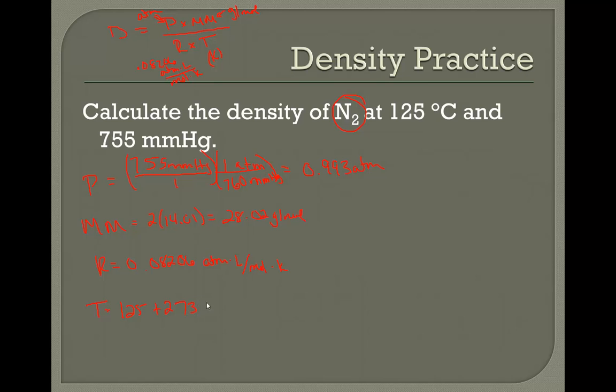Now we can just plug these numbers in to figure out our density. So density is equal to 0.993 atm. The molar mass is 28.02 grams per mole.